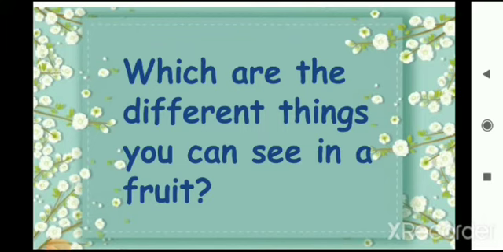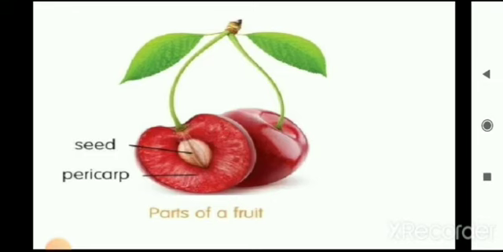Now, come to the next question. Which are the different things you can see in a fruit? In a fruit, you can see different things, right? What are these different things? You can see in this picture also. What are the parts of a fruit that you can see here? You can see seed and pericarp, right?